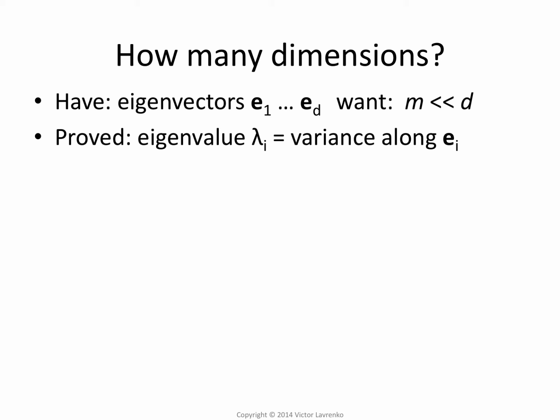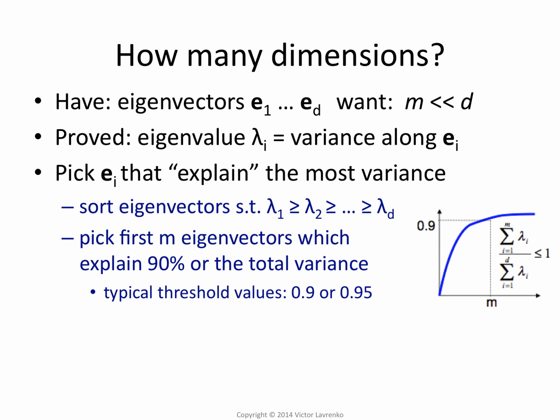And the sum of all eigenvalues turns out to be the same quantity as the total variance in your system along all the dimensions. So in PCA, you're trying to preserve as much variance as possible. So what you should do is pick the eigenvectors with the biggest eigenvalues, because they are the ones that are going to capture the most variance in your data.